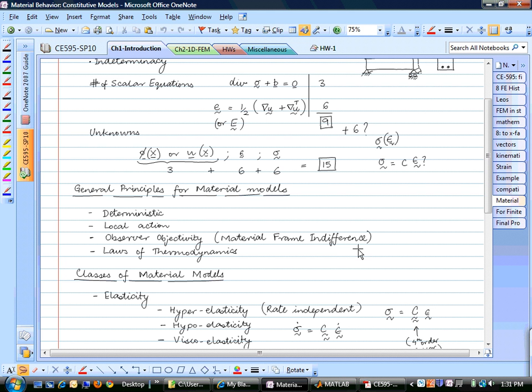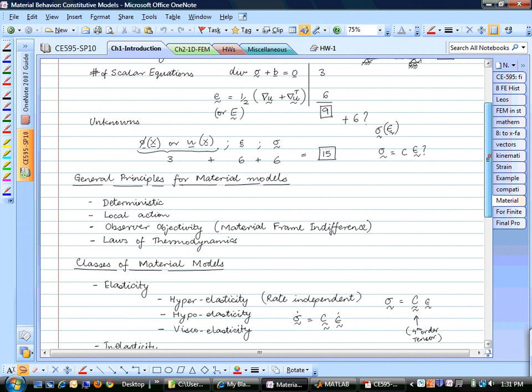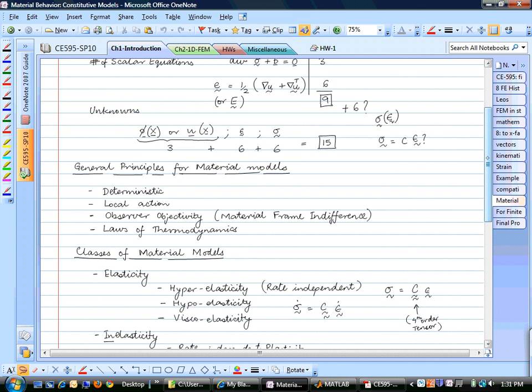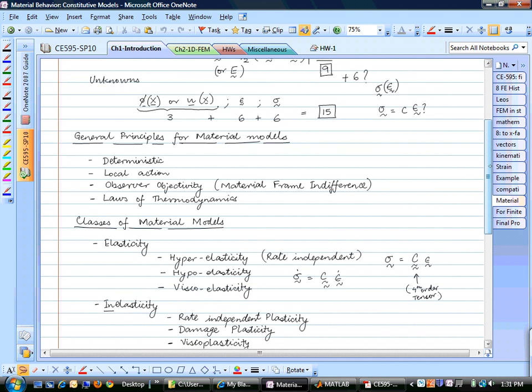The main thing to remember here is that when one frame of reference, let's say somebody is rotating about and trying to observe the same thing, then that rotating frame of reference is not an inertial frame of reference. And even though it is not an inertial frame of reference, even then this constitutive material model that you develop must hold. So that's a little bit key there.